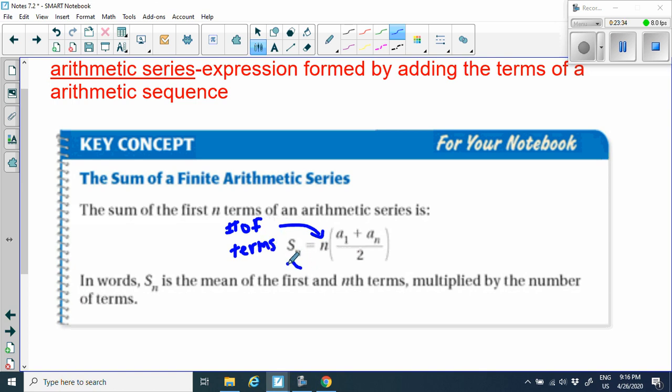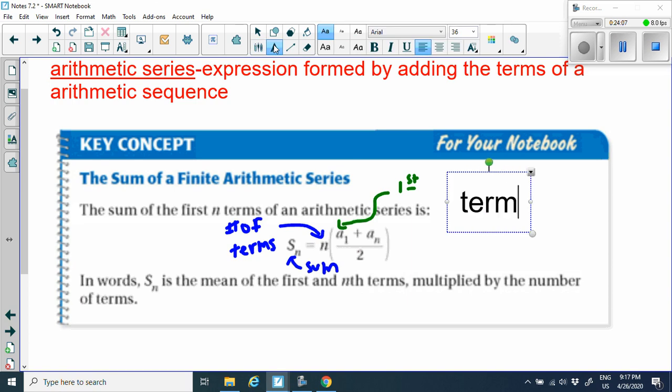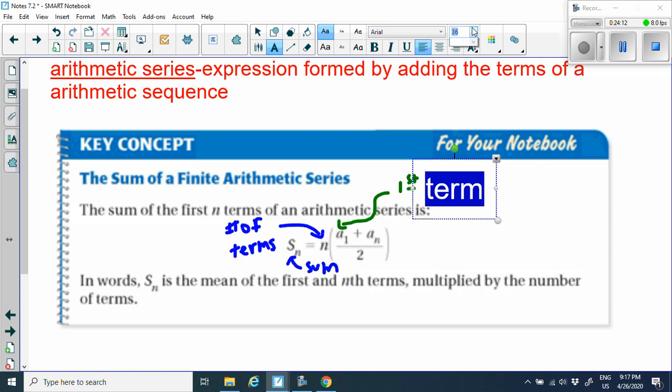S sub n just represents your sum. Your a sub 1, as usual, represents your first term. So that's going to represent your first term there.